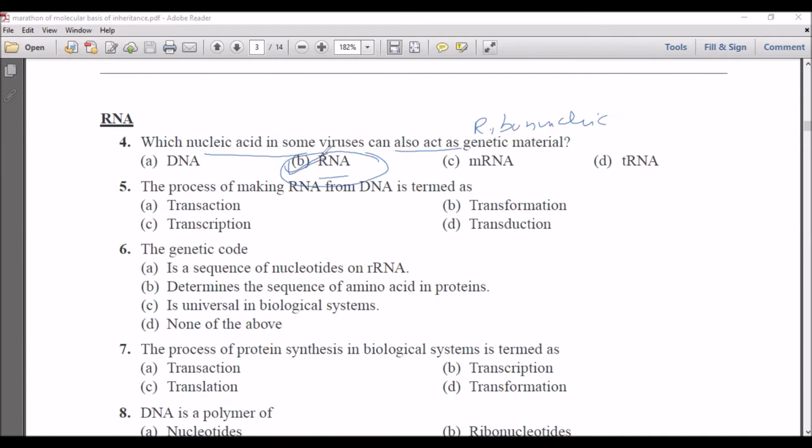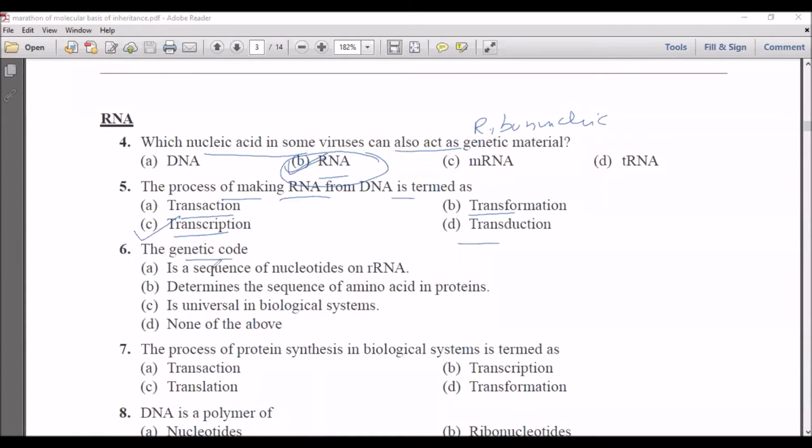So the correct option is B. Now the fifth question is, the process of making RNA from DNA is termed as transaction, transformation, transcription, or transduction. We know that the process of making RNA from DNA is known as transcription.